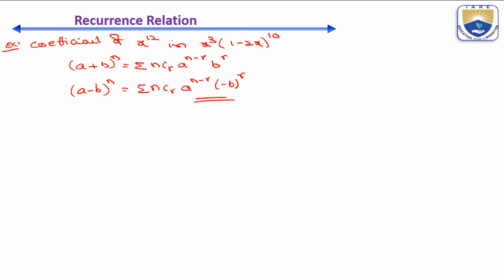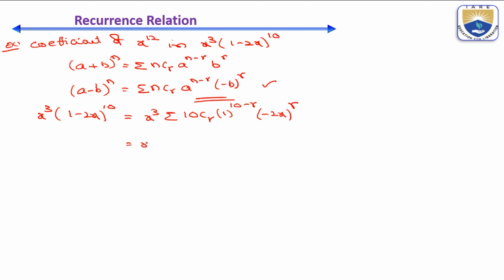the x power 12 coefficient. So here x to the power of 3 into (1 minus 2x) whole to the power of 10. This x cubed we are going to take, and here 1 minus 2x, a minus b, this I am going to apply. So here nCr is nothing but 10Cr, a is nothing but 1 to the power of 10 minus r, and minus b is nothing but (minus 2x) whole to the power of r.